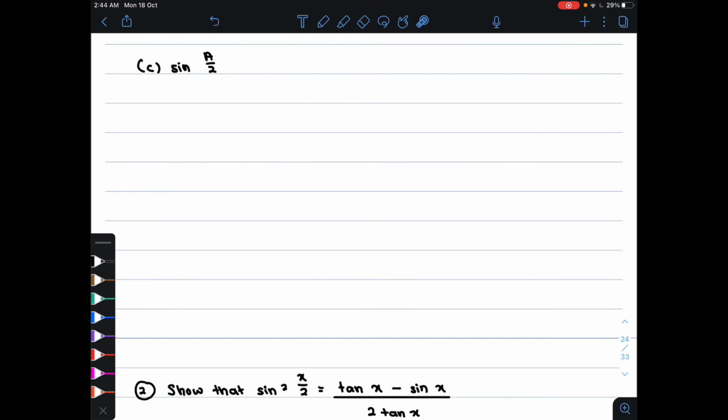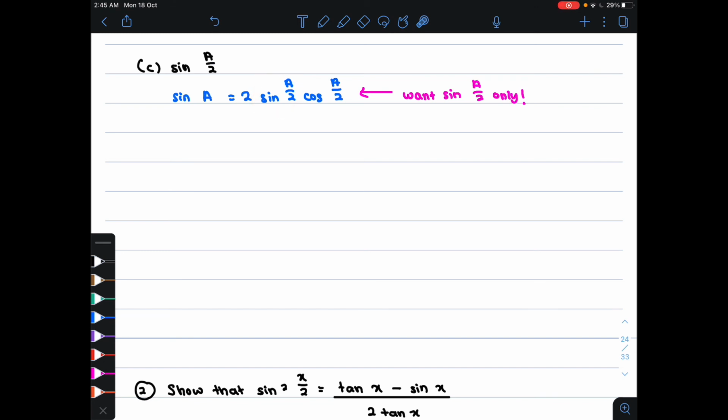We also need to find sine A over 2. And this is a half angle formula as well. So start with the double angle. So take all the angles and divide the angles by 2. And that is the half angle for sine. We only want sine A over 2, which is here.